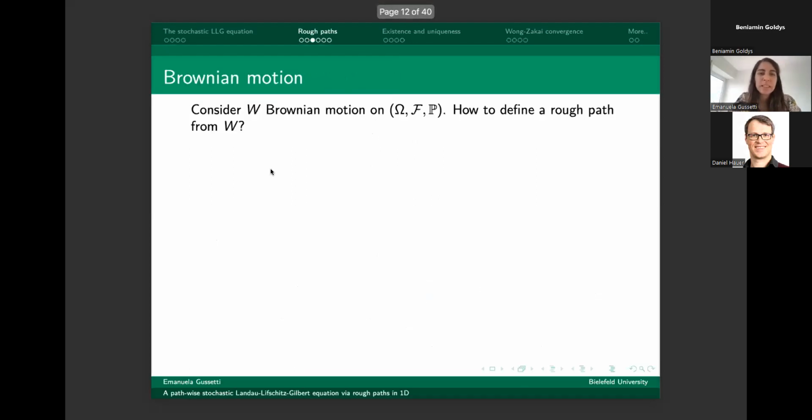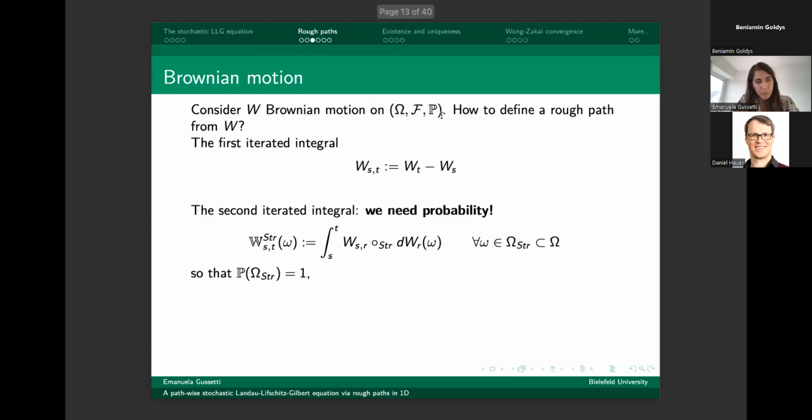Okay. So if we consider Brownian motion on some probability space that is also adapted, we want to define a rough path starting from W, which means we want to define a couple X, and X bold, that will be the second iterated integral, to define the integral. We have seen before that the first iterated integral was just an increment.